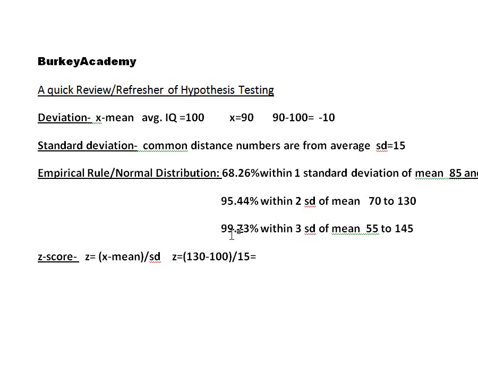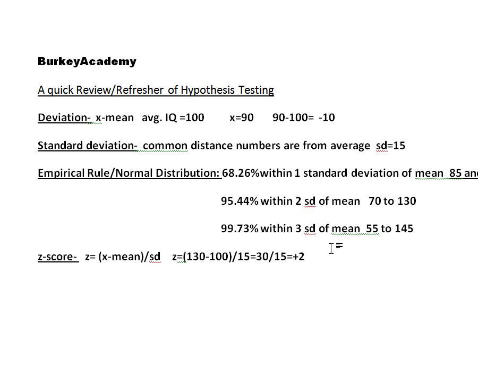What do we get? 30 over 15, which is equal to positive 2. Well, we knew that already, right? We just had a formula that calculated something we already knew: that if I'm 30 points above average, 130, that is 2 standard deviations above average. We saw it right here.